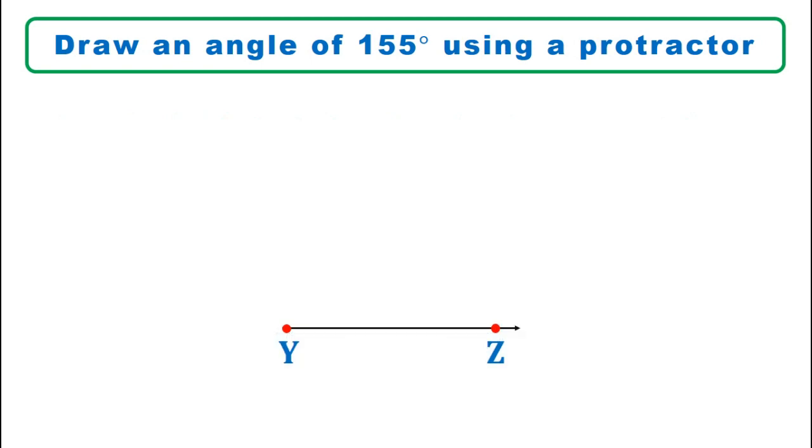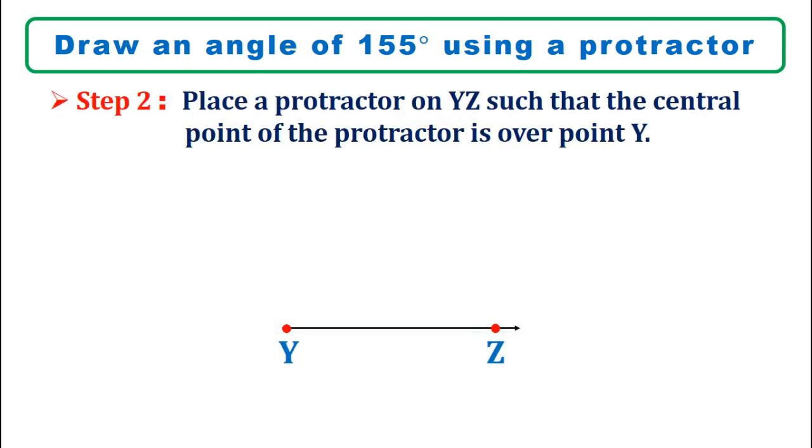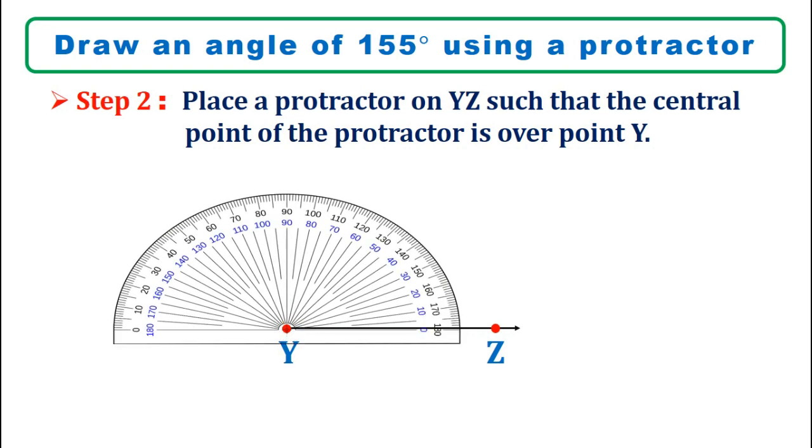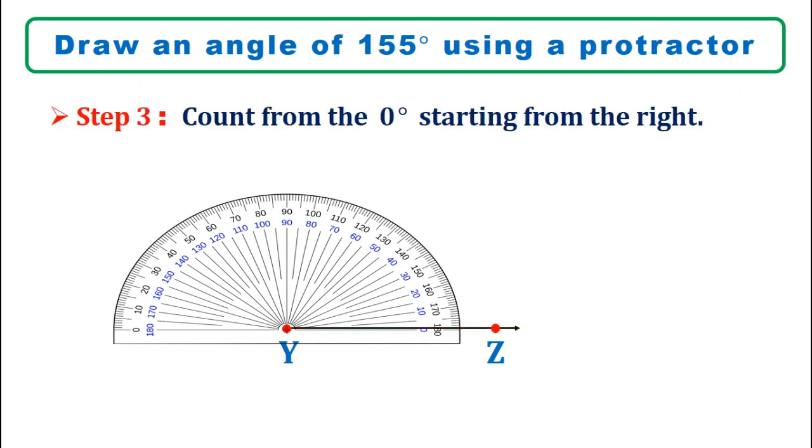In step 2, we will place a protractor on YZ such that the central point lies on point Y and that the 0 degree line corresponds with ray YZ. In step 3, we will count from 0 degrees starting from the right.